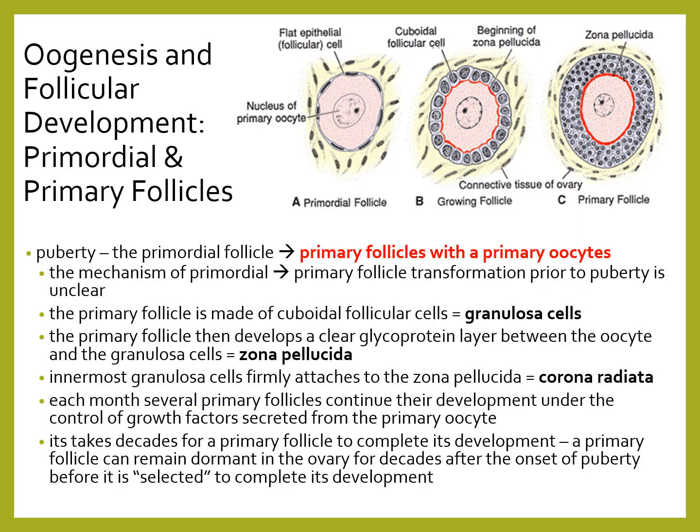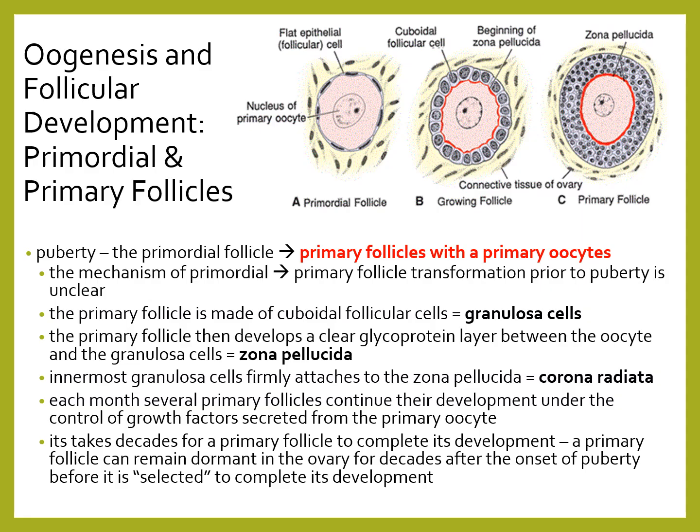Each month, several of these primary follicles are going to continue their development. And that development is going to be not under the control of hormones, but under the control of growth factors that are secreted by the primary oocyte. That subsequent stage of development is going to take that primary follicle to a secondary follicle.